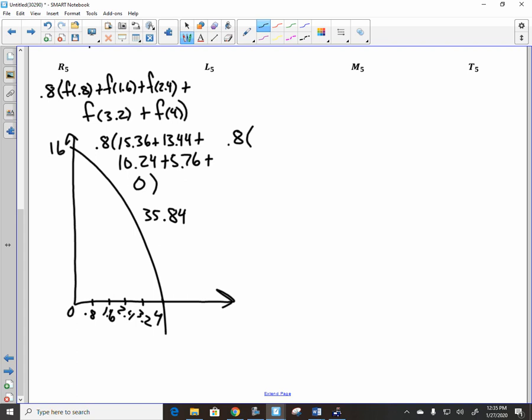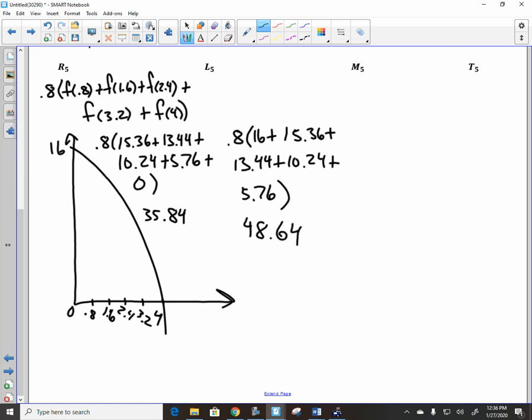Okay, boys and girls, can you tell me how the left-hand sum was slightly different? You pick up 16, and then you have the 15.36, 13.44, 10.24, 5.76. What do you leave off? The 0. And we multiply, what do you get? 48.64.